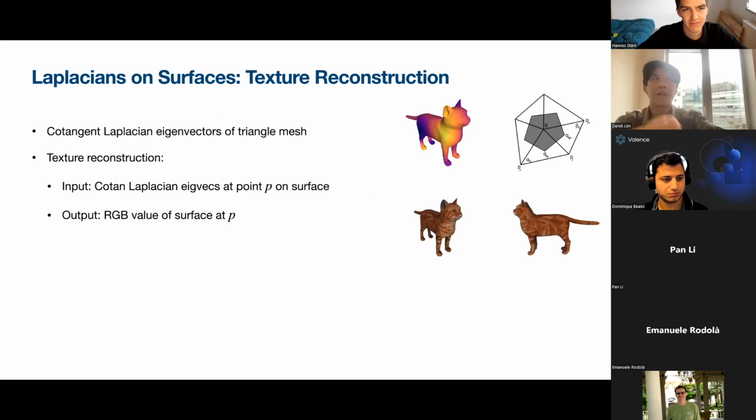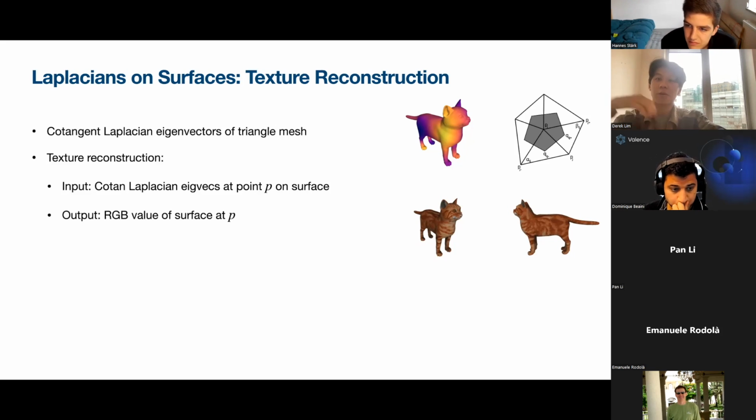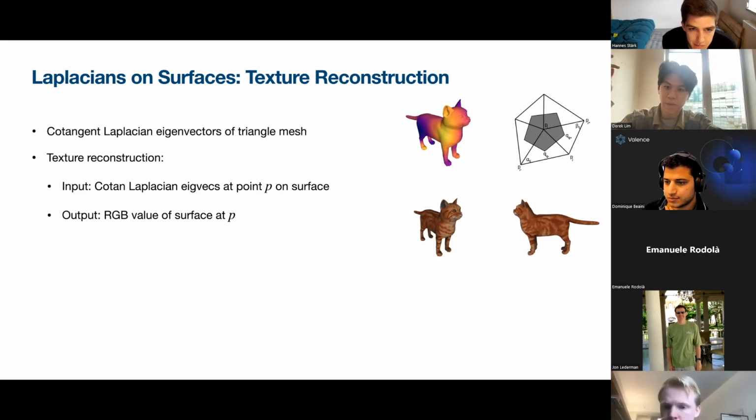And one more thing is we're going to do some stuff with Laplacians on surfaces. So these are discrete approximations to the Laplace-Beltrami operator on manifolds. It's used a lot in fields like graphics and geometry processing.